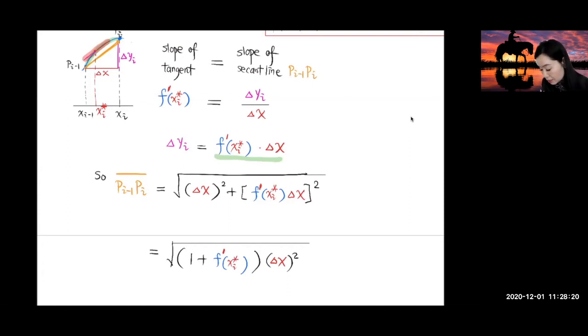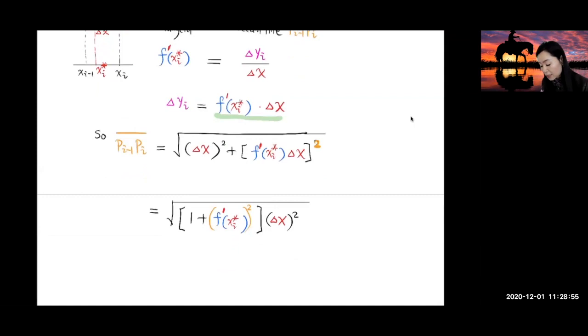So there is a square over here. Let's use a different color. So there's a square over here, remember? So this one here will be a square. I want to use a parenthesis, and then for this one, let's use the bracket over here. So I'm taking out this delta x squared as a common factor. Take it out like this.